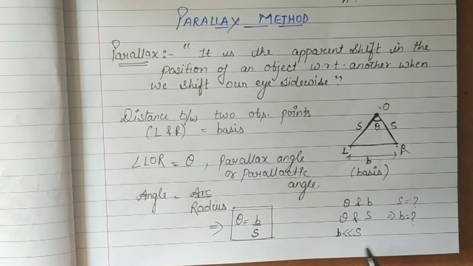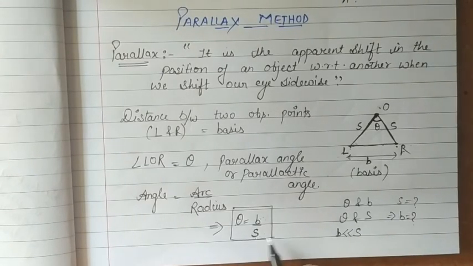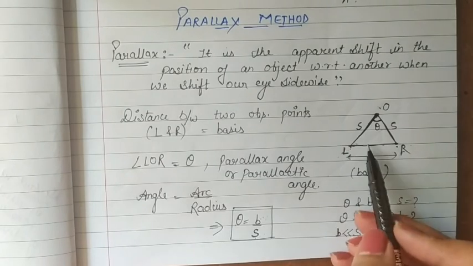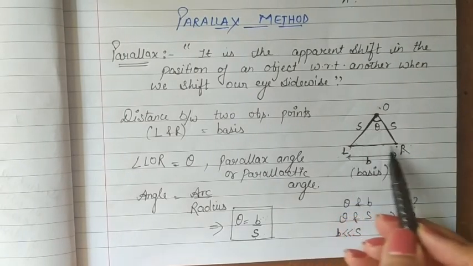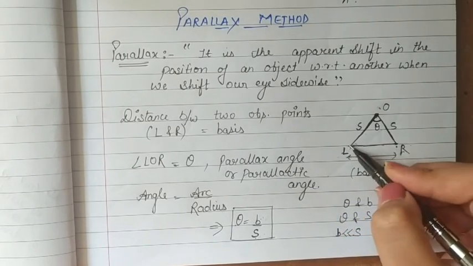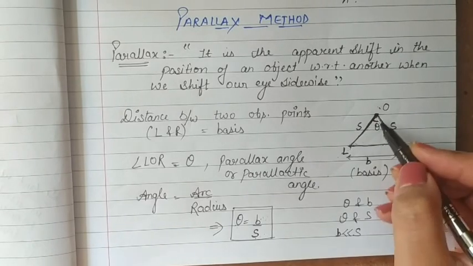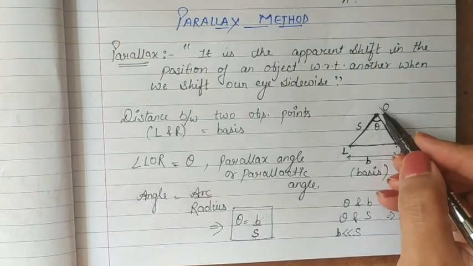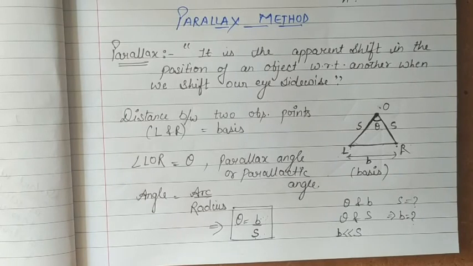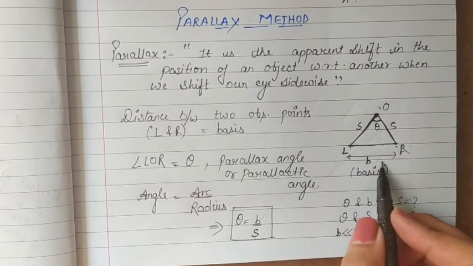Okay, so theta is equal to b upon s, and the condition is that the distance we are taking between the observation points is much lesser in comparison to the distance s, or we should say our object O is at a distance much farther in comparison to b.